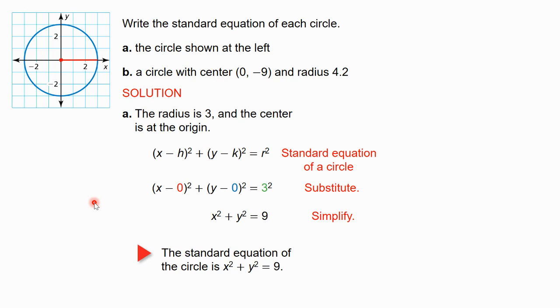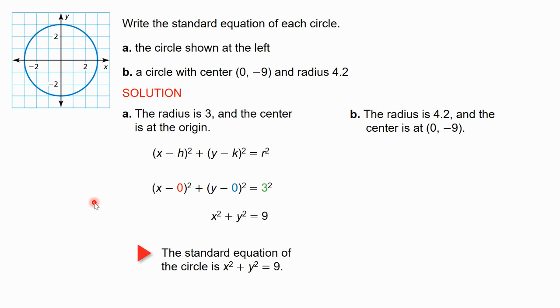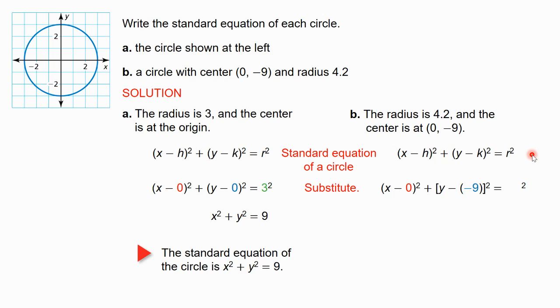For B, this circle, which is centered at (0, -9) with a radius of 4.2, again, we know the center is (0, -9), and the radius is 4.2. We're going to plug in our center into our standard equation. Be careful when you're plugging in the opposite of -9. So you'll notice we plug in with parentheses to show that those two negatives end up canceling to be a positive.